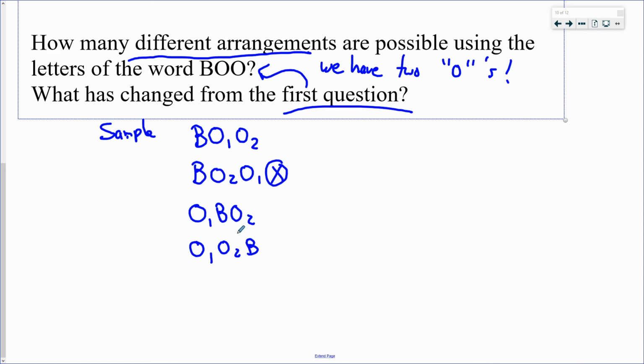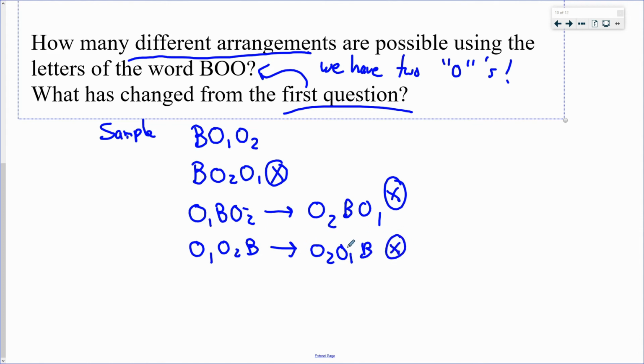What about if I switch these two O's? If I go O2 and O1, is that a different arrangement? Even though we moved the O's, this is not a new arrangement. Same thing with this one. I can switch the O's, but it's not a new arrangement.